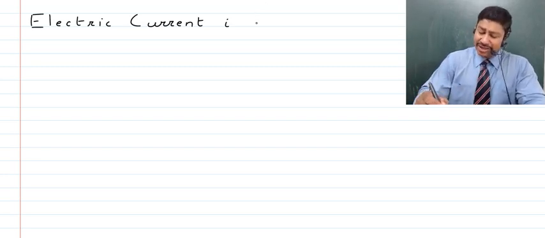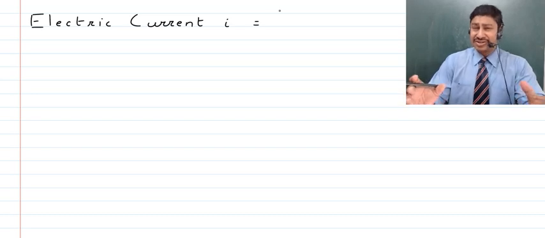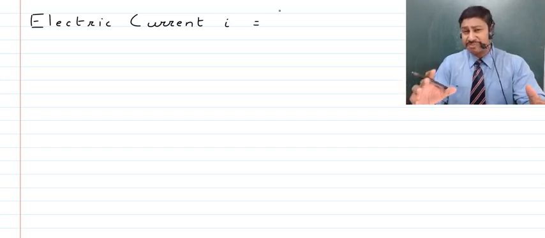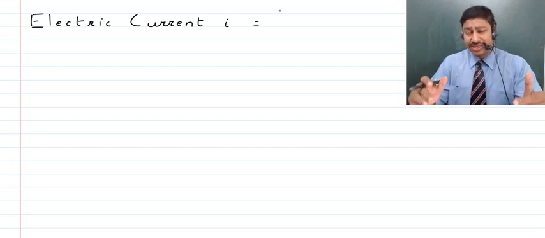And as you're seeing, electric current is actually the amount of charge which is passed through a specific point, but this is also studied with respect to time. That means whenever you talk about the rate of flow of charge, you will talk about electric current, right? So this is the definition of electric current, that is the rate of flow of charge is electric current.